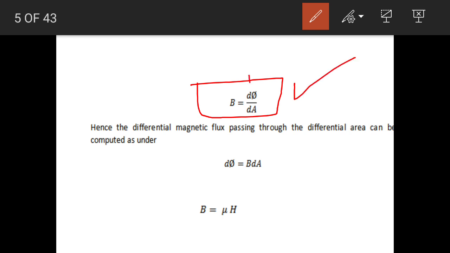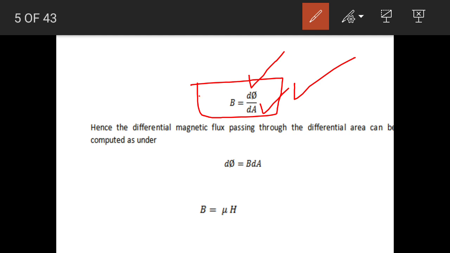We consider the differential flux passing through the differential portion of the given surface, and we consider the area of the differential portion. So the differential flux passing through the small portion of the area divided by the area of the small portion will give you the magnetic flux density.